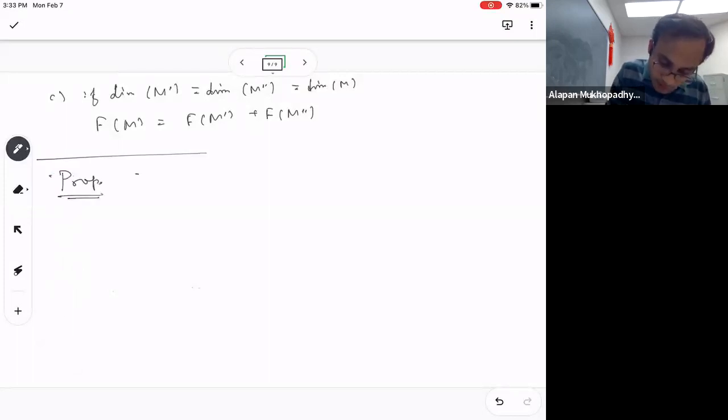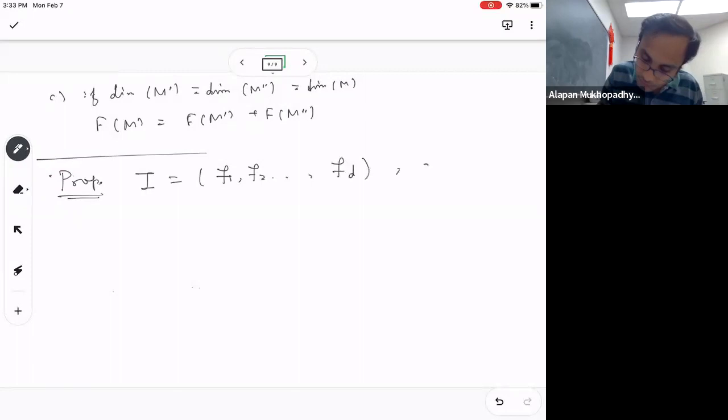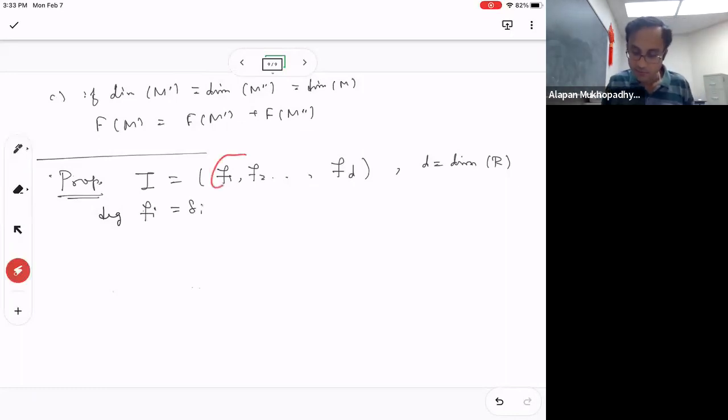Suppose that I is generated by F1, F2, ..., Fd, where d is the dimension of R, the underlying graded ring, and the degree of Fi is delta i. So this is basically saying that F1, F2, ..., Fd form a homogeneous system of parameters.